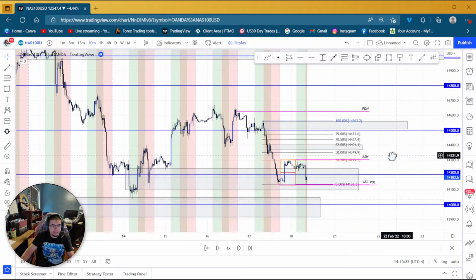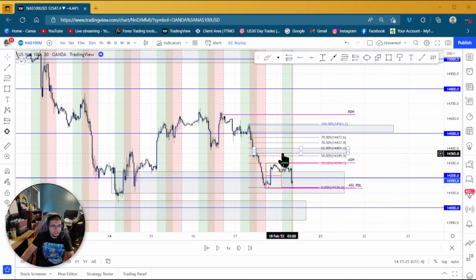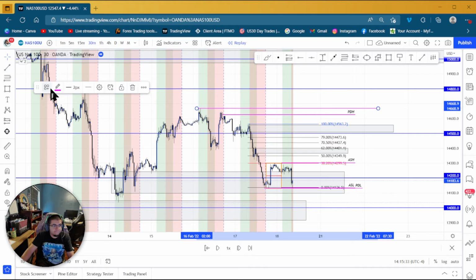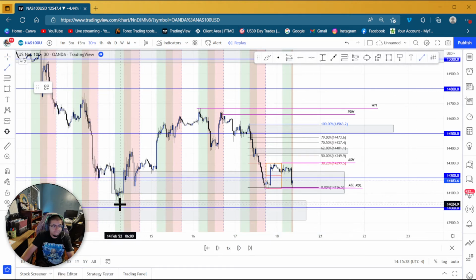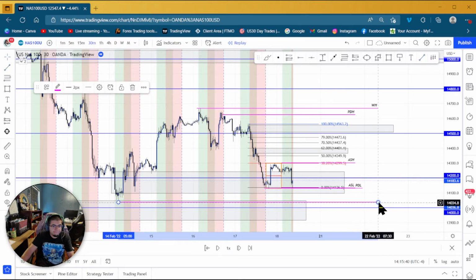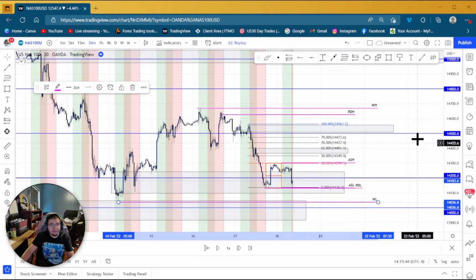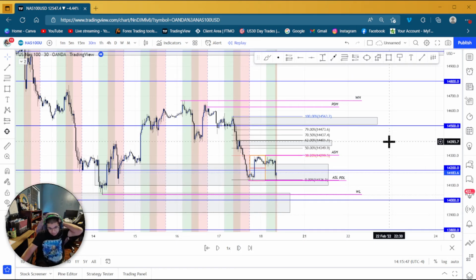We can see that the weekly high is right here. The weekly low was right here. And I can actually draw that out for you guys. Now these are going to be targets where we're going to be looking to take profit, move stop losses, take partials, whatnot.